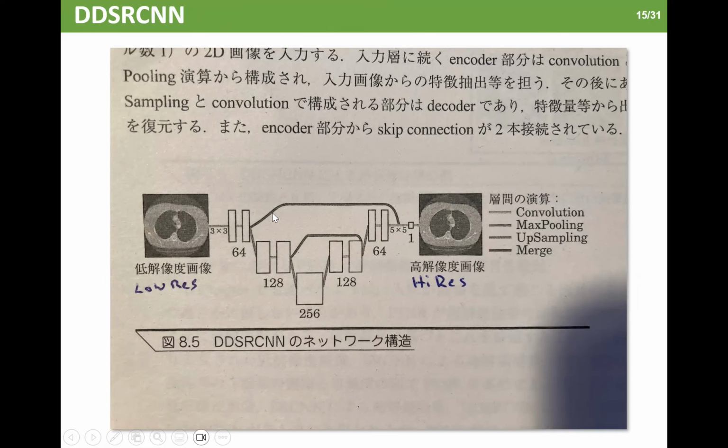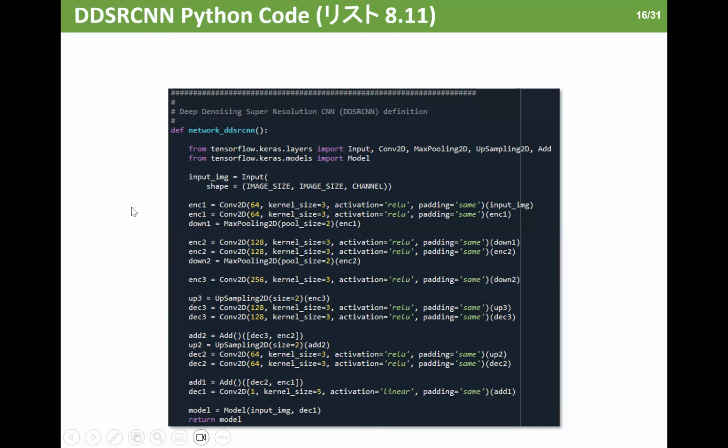The layers are connected. They have this connection here. So we can't use the normal sequential method to define the model. We have to use the functional method. You see this output from down one is going to be used as an input later on. It's kind of complicated, but just assume that this is going to work.